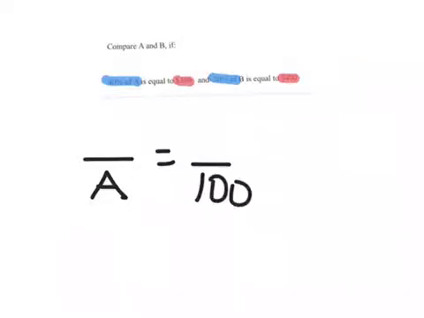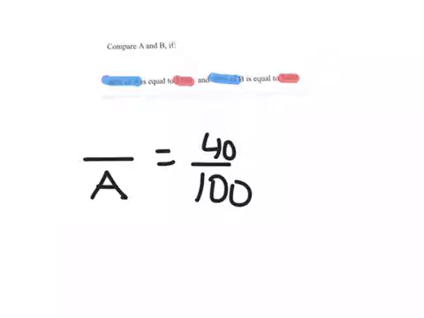So let's see. How can we solve it? We can do this format. Let me just write it in pencil. A over blank is equivalent to 40 over 100.